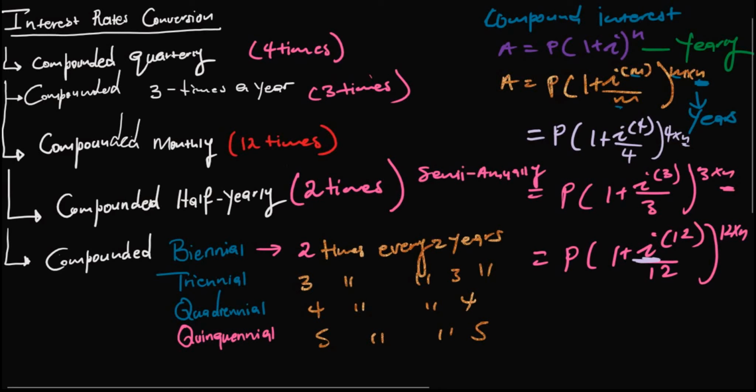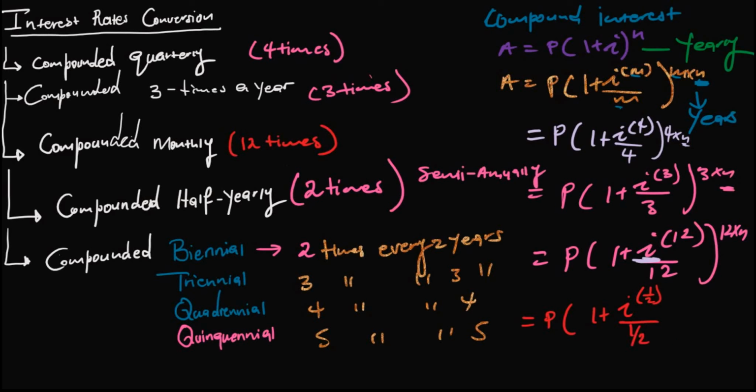So for biennial, we can say that this is equal to P into your 1 plus, so your i for biennial is a half, divided by a half, exponent a half times n. That's how you treat it. And then let's look at compounded quinquennial.